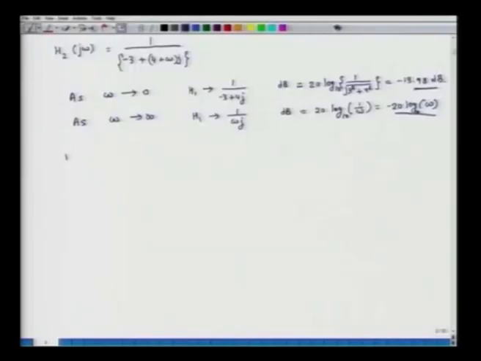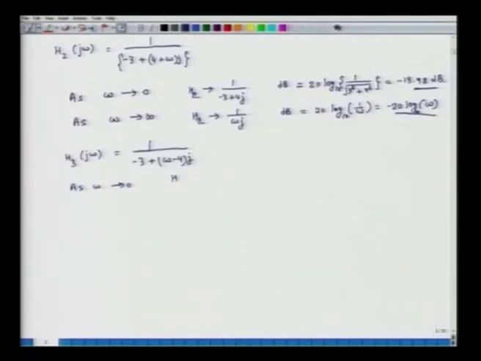Let us do the same thing for H3 j omega. So, the relationship is minus 3 plus omega minus 4 times j. Excuse me, earlier I had written H1, this should be H2.